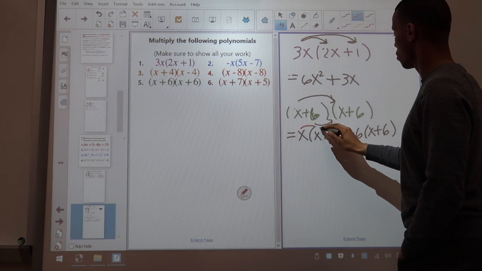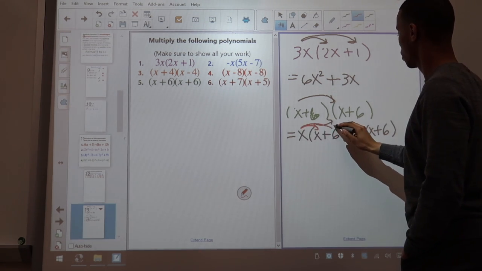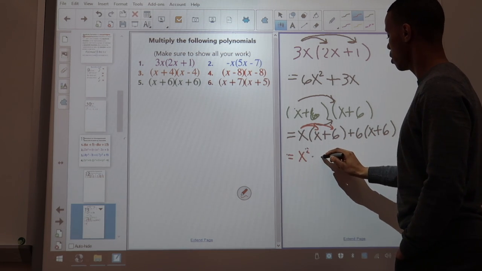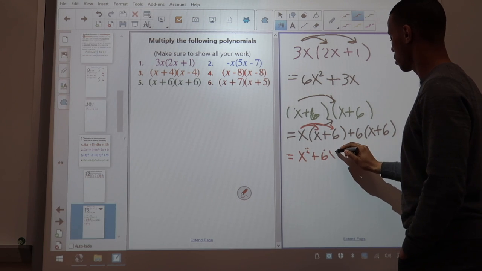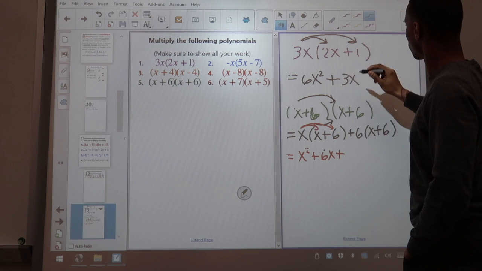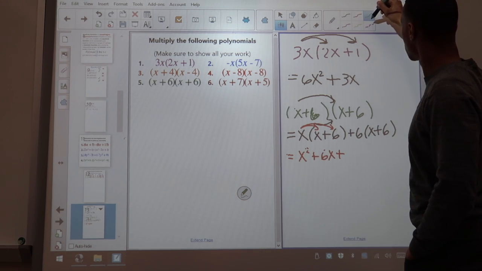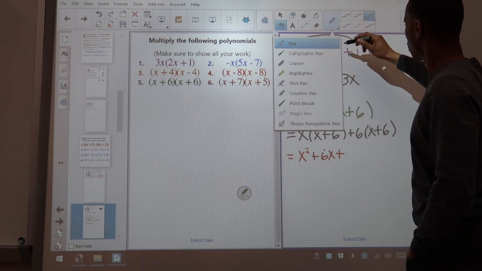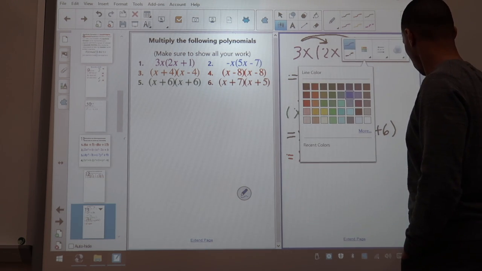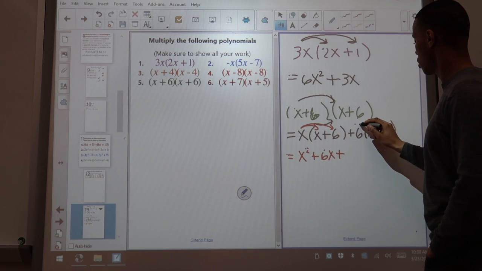Then you're going to distribute the x. So this will be x squared plus 6x, plus, let's see what color can I use. Let's go blue. Distribute the 6.